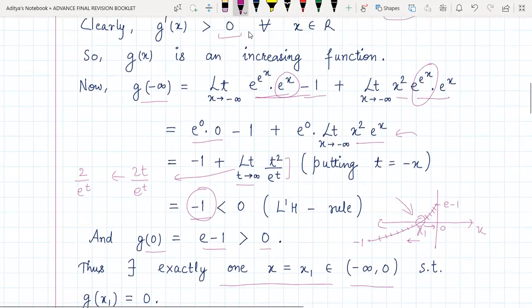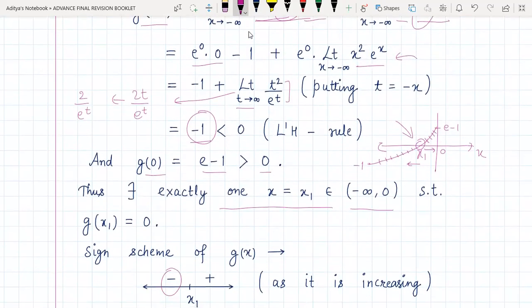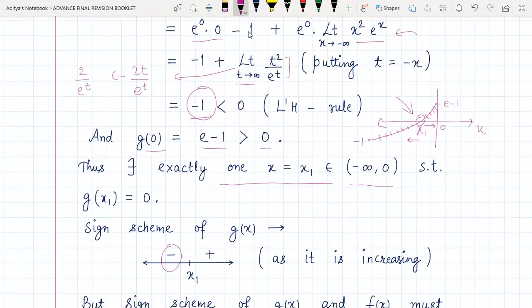Since g of x is an increasing function, and it has got exactly one root, before that it would be negative, then after that point it would always be positive. It is very obvious, since it is increasing, it can never come back to negative. It has to increase, so it will always remain positive for all x greater than x1, and similarly it will always remain negative for x less than x1.